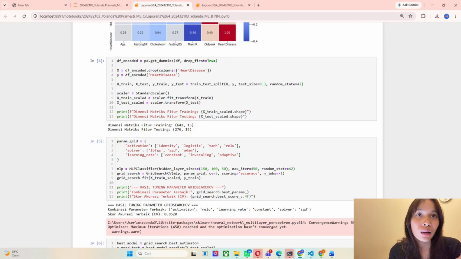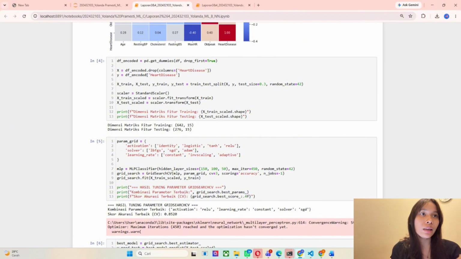Next, the actual model creation and hyperparameter optimization. I defined an MLP classifier, which stands for multi-layer perceptron.